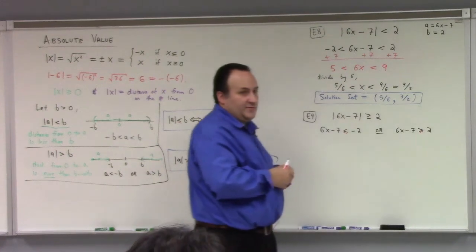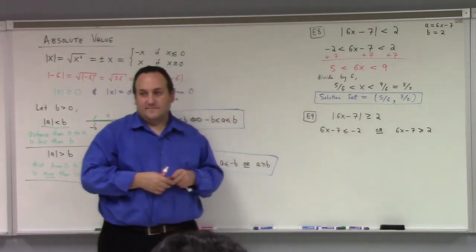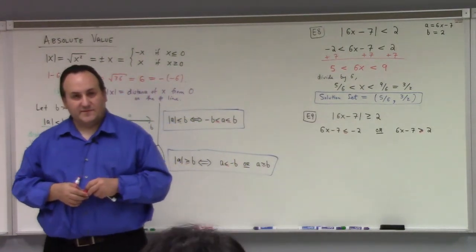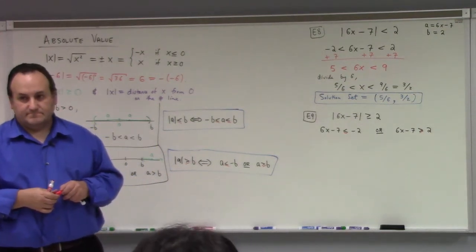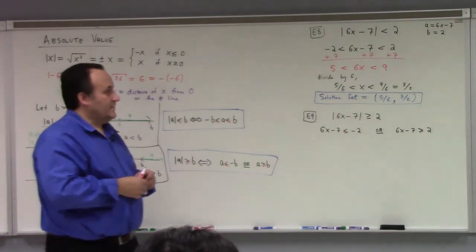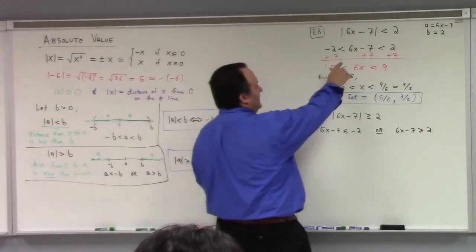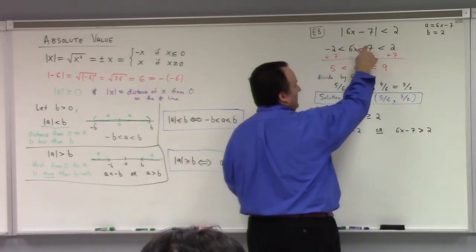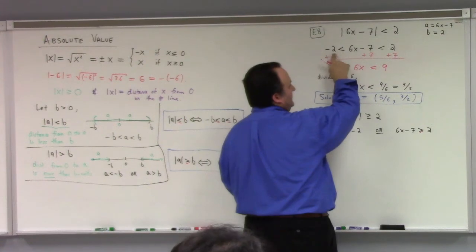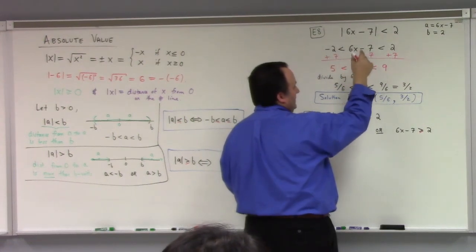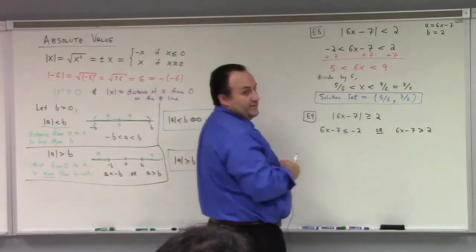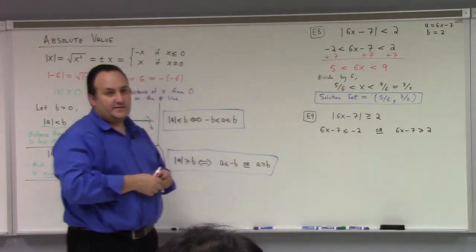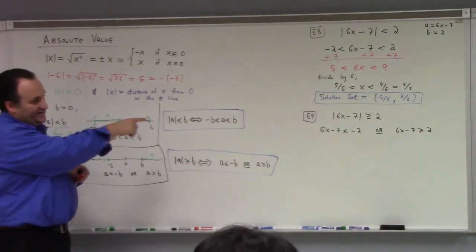If you were writing a computer program, you would want to use different variables for these two statements. In contrast, up here, if you were to separate the two inequalities, which is minus 2 is less than 6x minus 7, and 6x minus 7 is less than 2, the same x works for both of those inequalities. They're jointly held. Not the case down here.